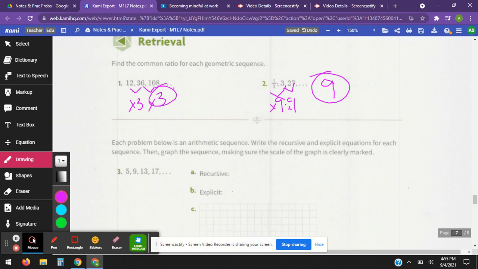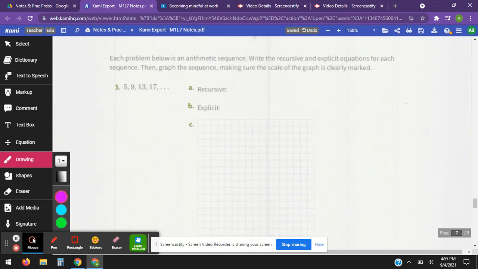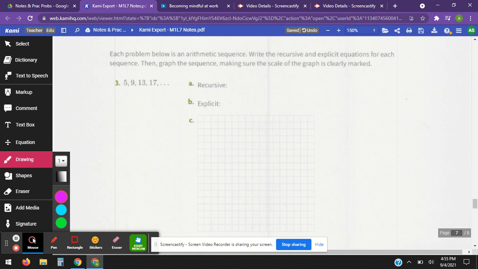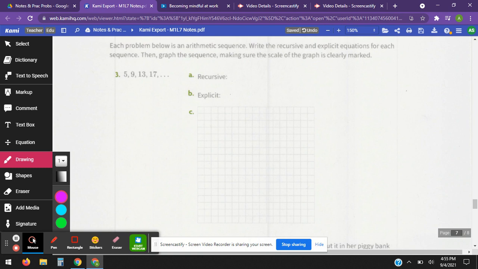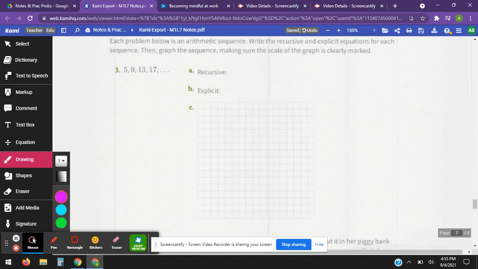Okay. Each problem below is an arithmetic sequence. Write the recursive and explicit equations for each sequence, then graph the sequence, making sure the scale is marked. All right. So arithmetic, +4, +4, and that's a +4.